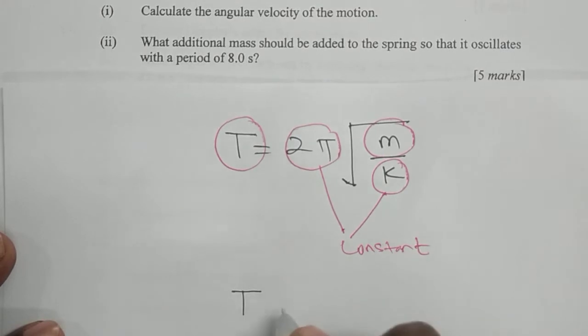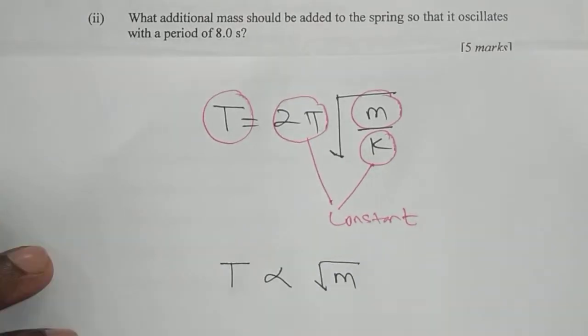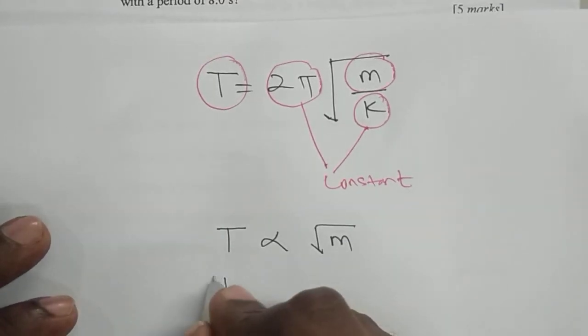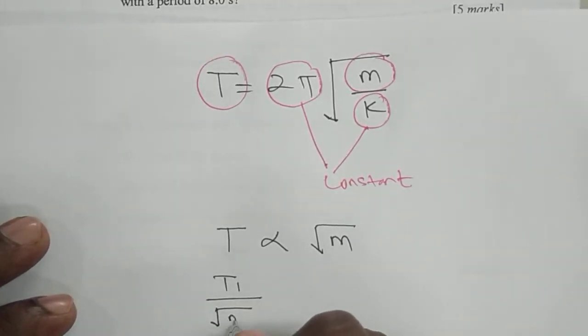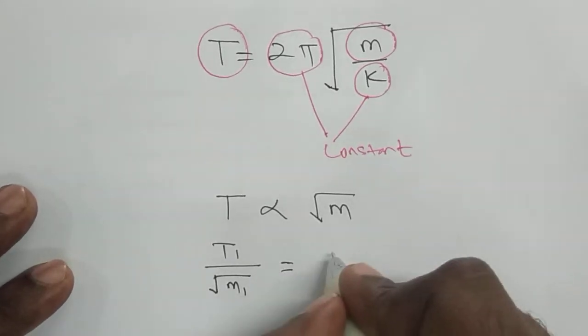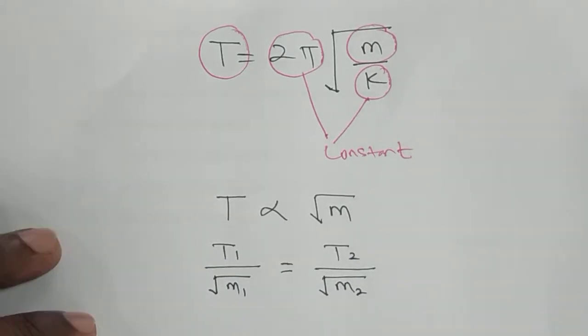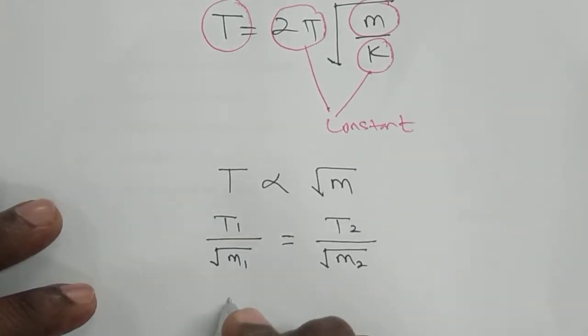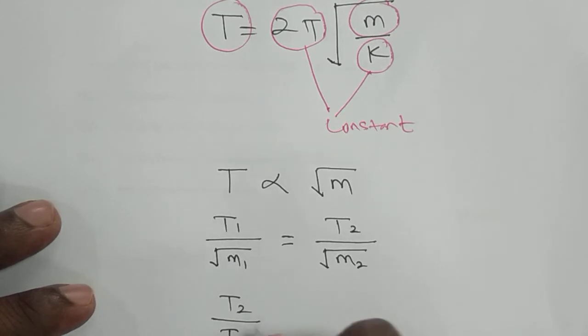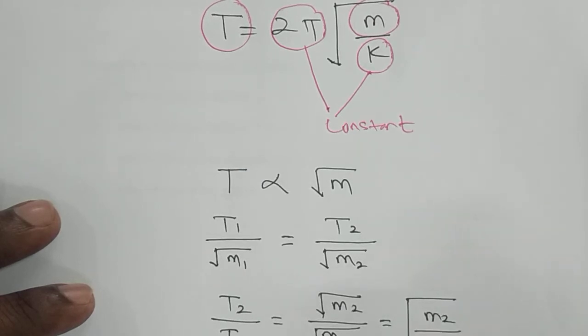So mathematically, T1 over square root m1 equals T2 over square root m2. So T2 over T1 equals square root of m2 over m1.